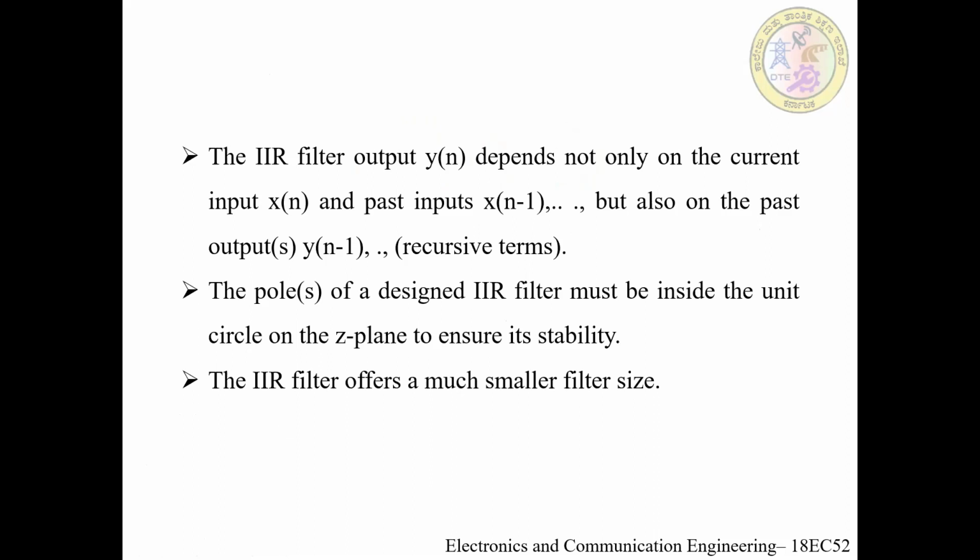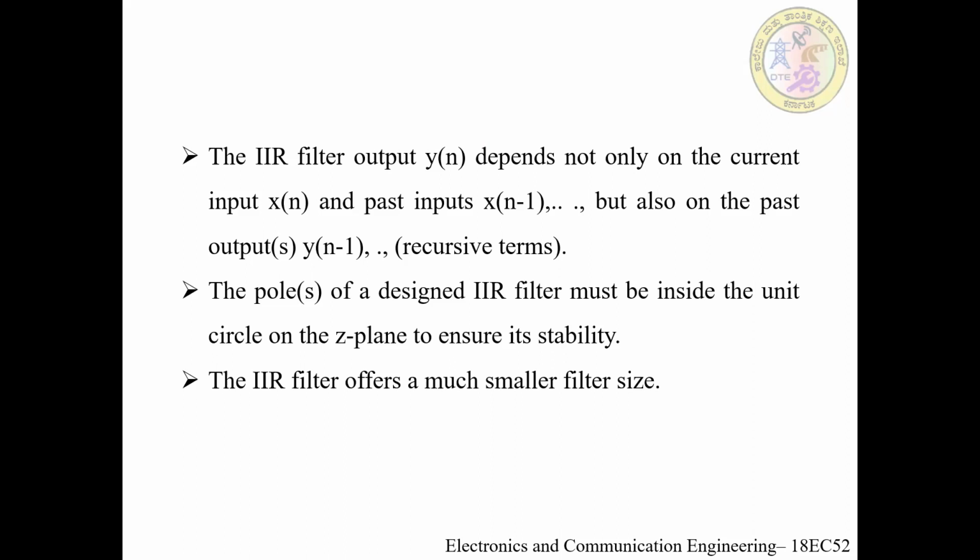At this point, we can make some points to remember. The IIR filter output, that is y of n, depends not only on the current input x of n, but it also depends on past inputs and also past outputs. That is, it depends upon recursive terms.